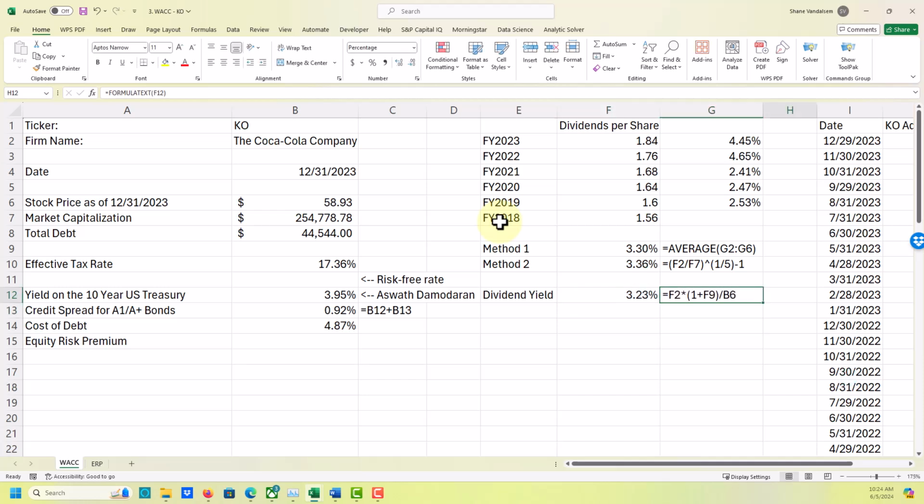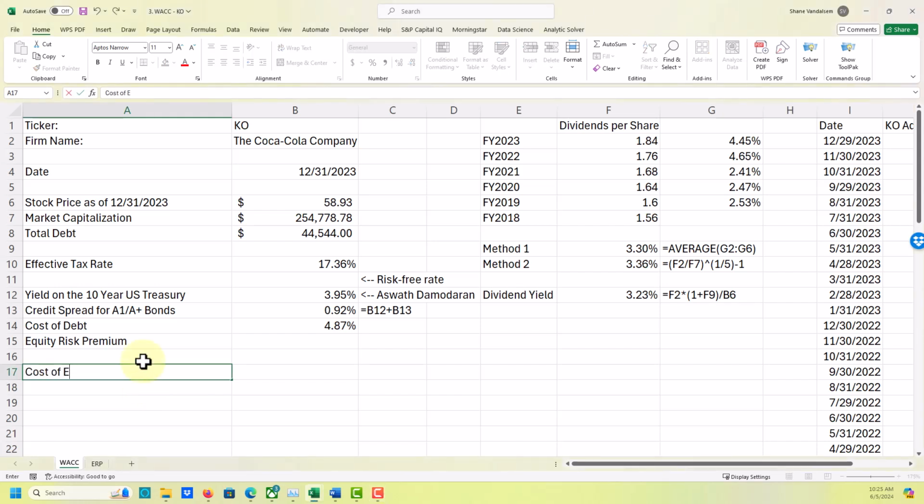So again, I'll just put that out here, equals the last annual dividend paid, which was $1.84, multiply that by 1 plus the expected growth rate, and then we divide that by the price today to get the dividend yield. So our first cost of equity estimate, this is the Gordon growth model approach, or the constant growth model approach.